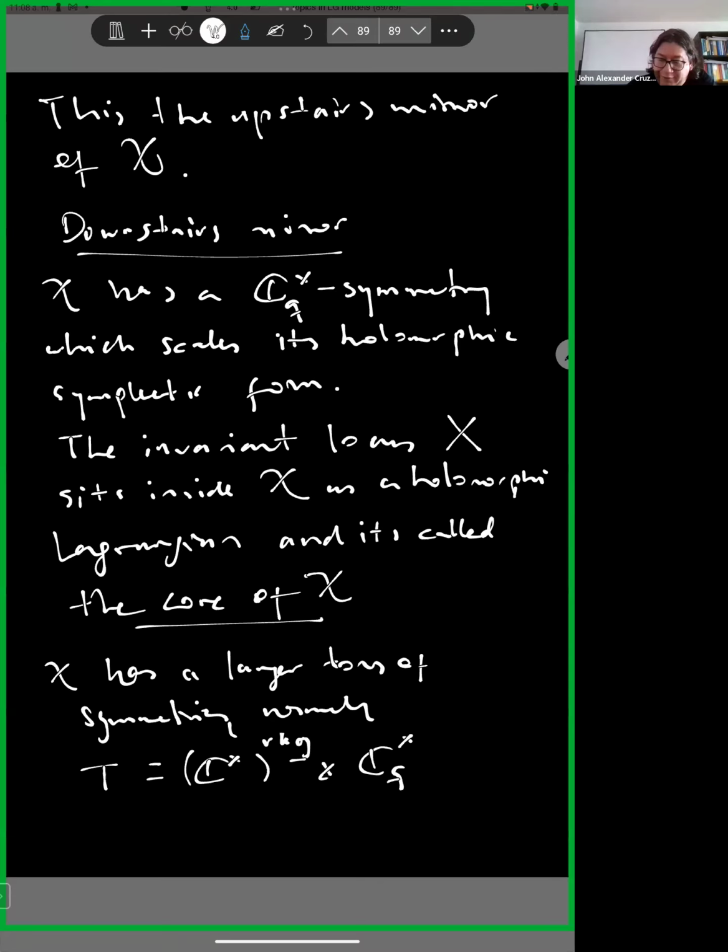You have the curve. This curve has its own mirror, and that will be the downstairs mirror. So the mirror will be the mirror of the curve. And it turns out that the mirror is again a Landau-Ginzburg model.